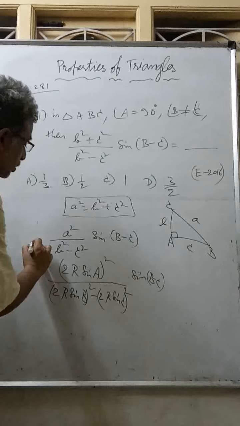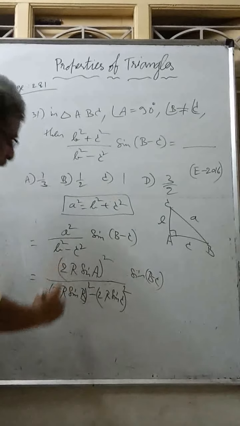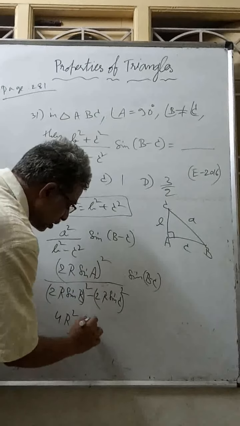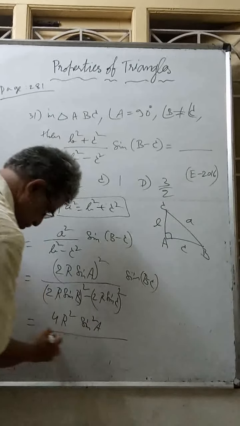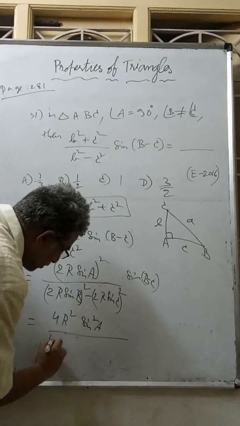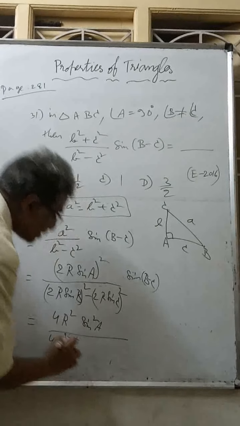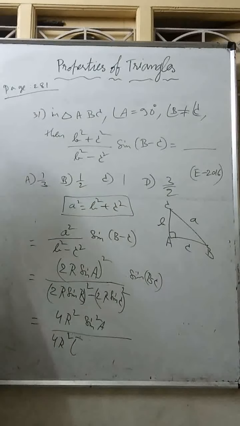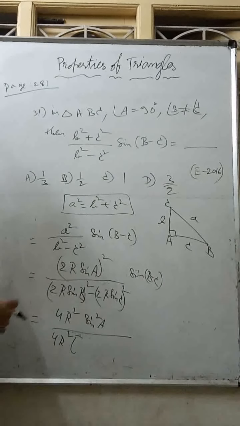Now this is equal to 4r square sin square A by, if I take 4r square common here, this becomes sin square B minus sin square C. Sin square B minus sin square C is sin of B plus C into sin of B minus C, formula.